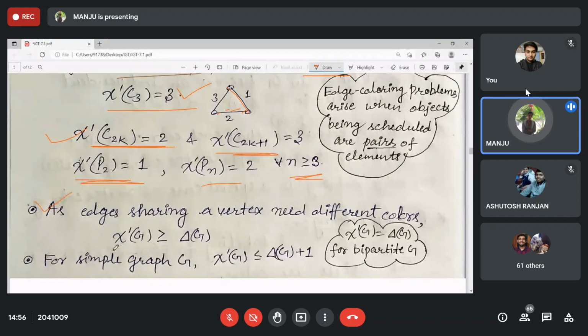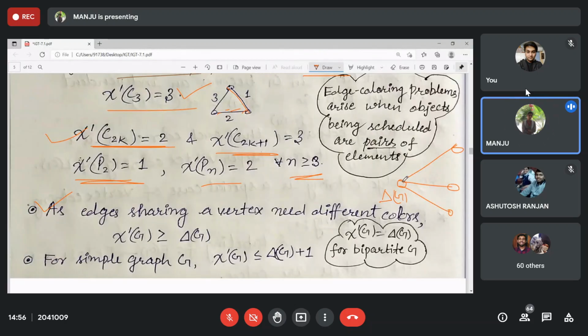Here we have one result about this chi-dash of G: any edges sharing a vertex need different colors. And what is the maximum number of edges that can share a vertex? In a graph, the maximum number of edges that can share a vertex is delta of G, the maximum degree.